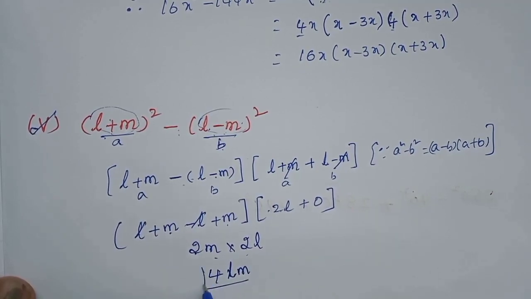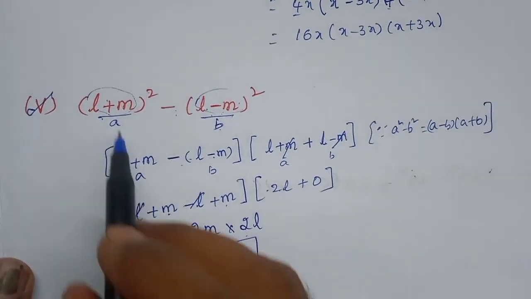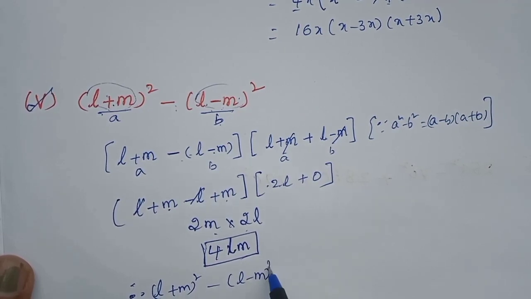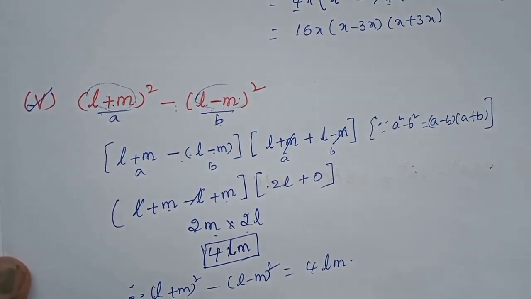So this is the factorization of this equation. Therefore l plus m whole square minus l minus m whole square is equals to 4 into l into m.